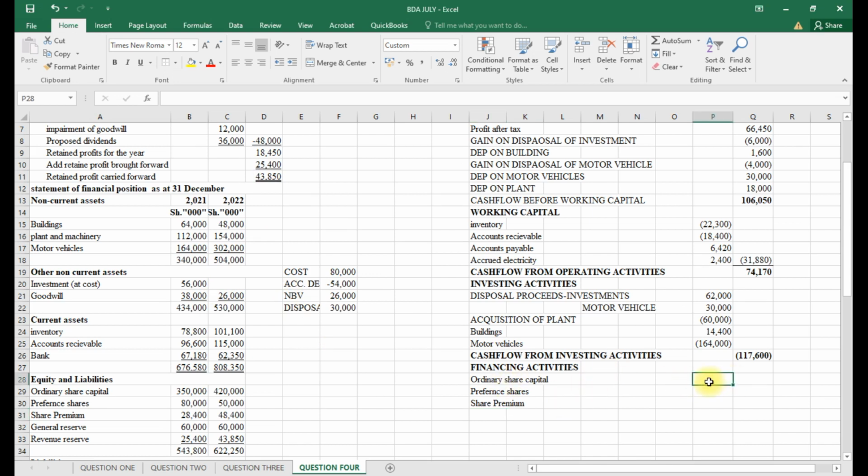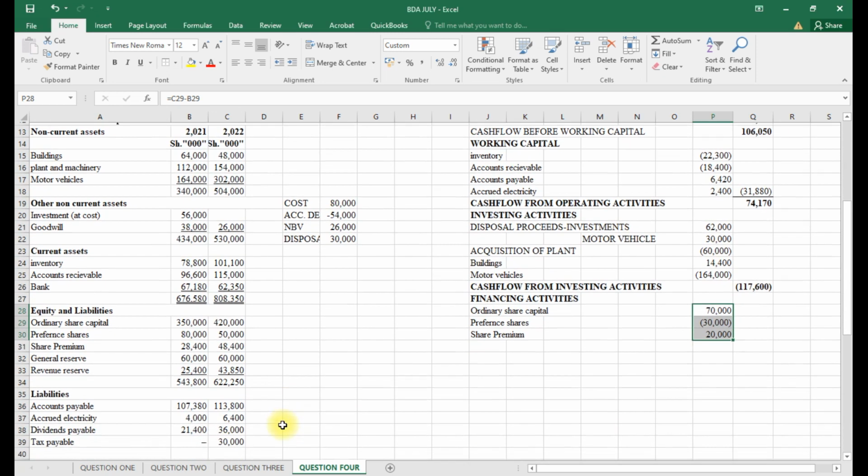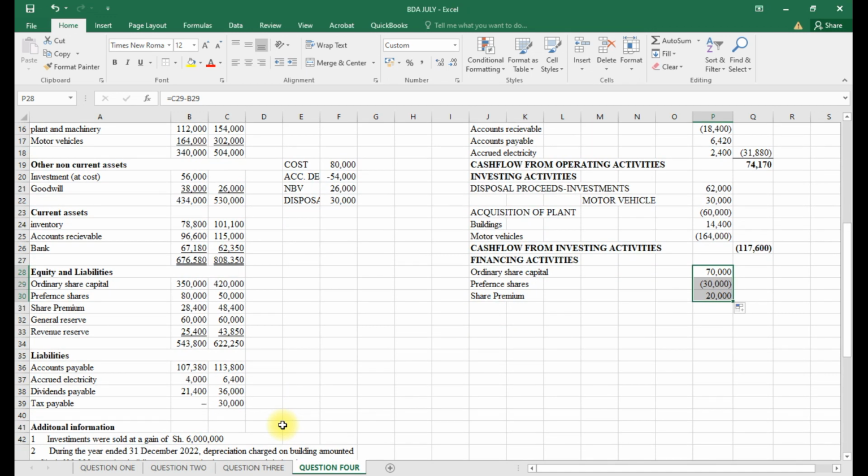So when you start with this, the ordinary shares increased, so it's a positive. Just check that minus this, and I enter, and I'll drag for the three of them. For the preference we paid 30, the others we acquired. Then what happens to the dividend?